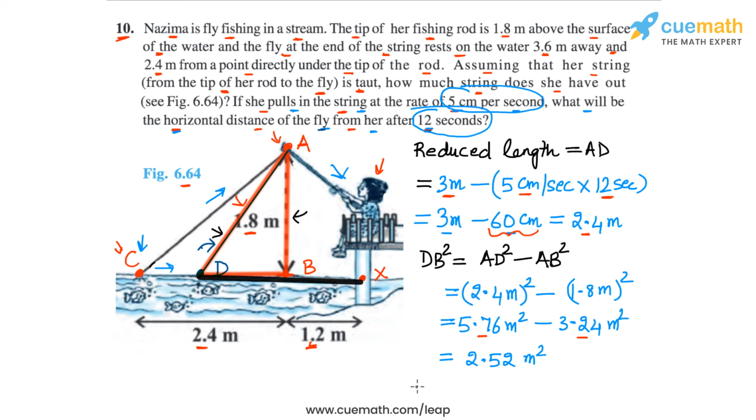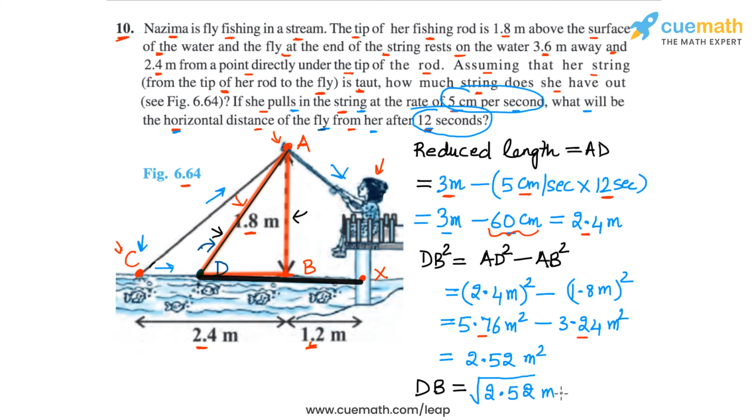Now we will have to take the square root on both sides. So to find DB, we take the square roots, and DB we will get as the square root of 2.52 meters. Now to find this square root, you can either use the prime factorization approach. You can prime factorize 252 and find the square root, or you can use the long division method to find the square root.